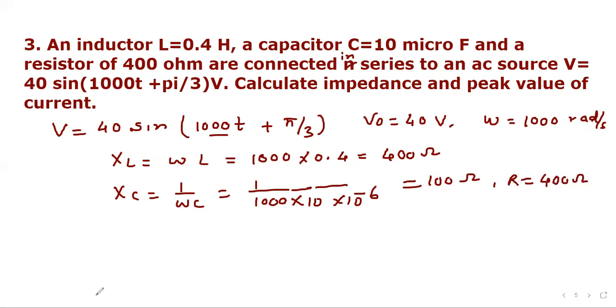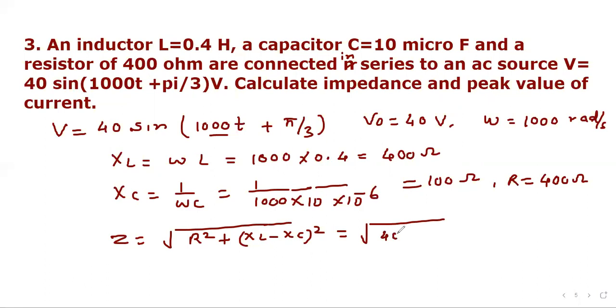So we can easily find impedance. So Z equal to root of R square plus XL minus XC whole square. So it will be equal to root of 400 square plus XL minus XC will give 300 square.